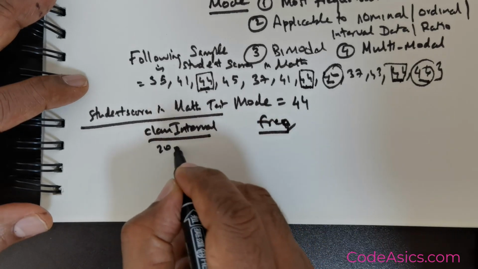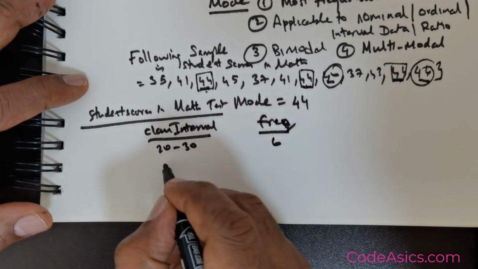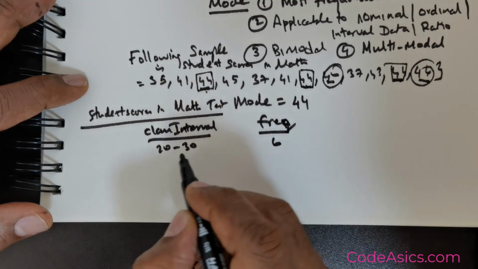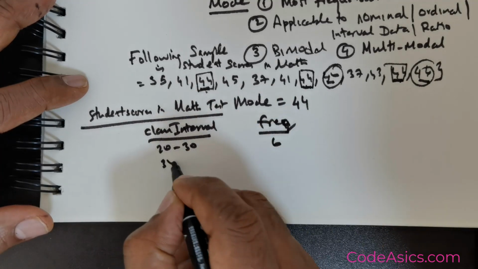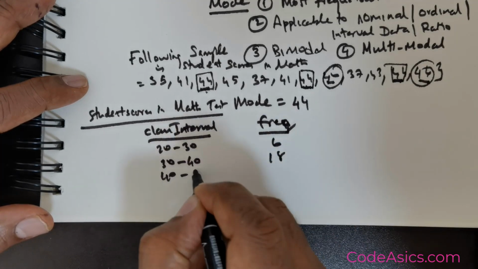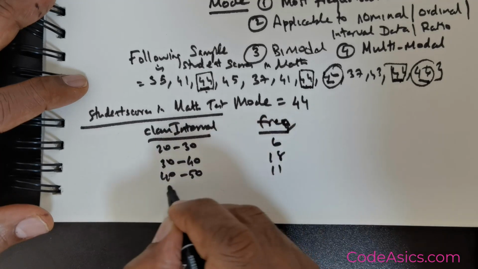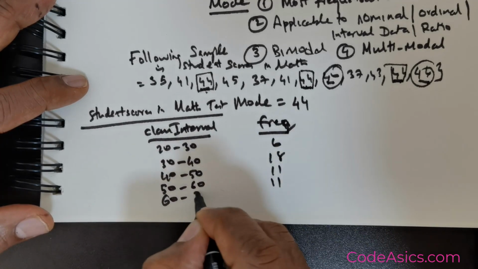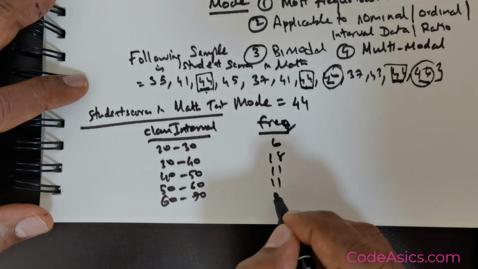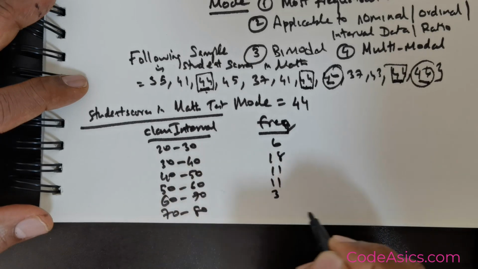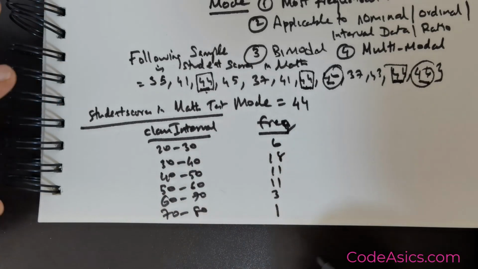Between 20 and 30 we got 6 students, between 30 to 40 we got 18 students, between 40 to 50 we got 11 students, between 50 to 60 we got 11 students, 60 to 70 we got 3 students, and 70 to 80 we got 1 student.